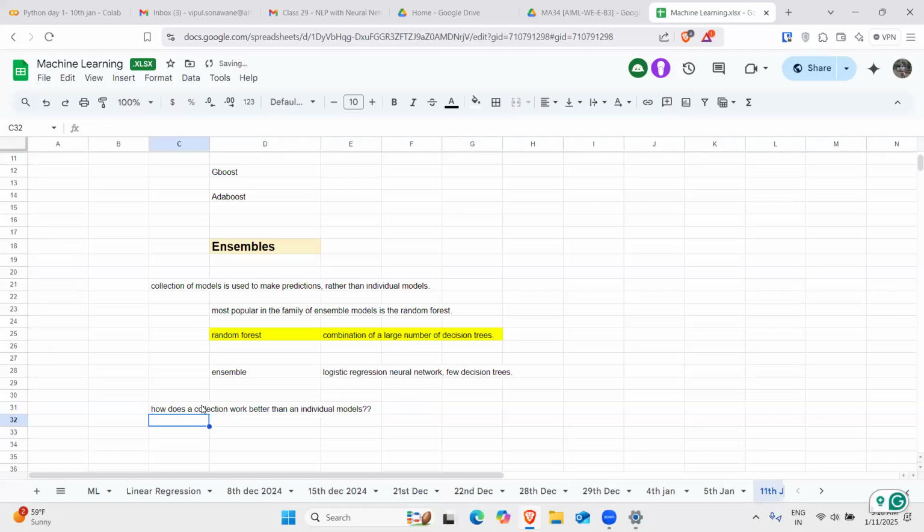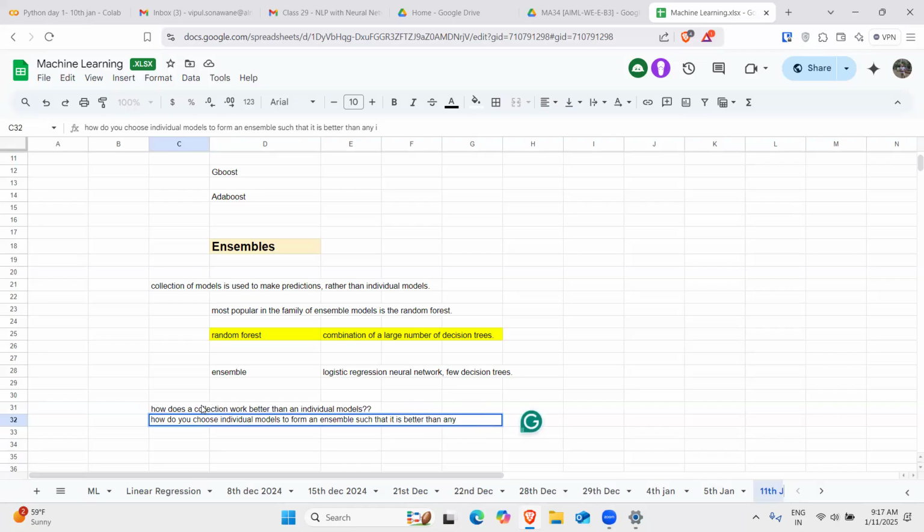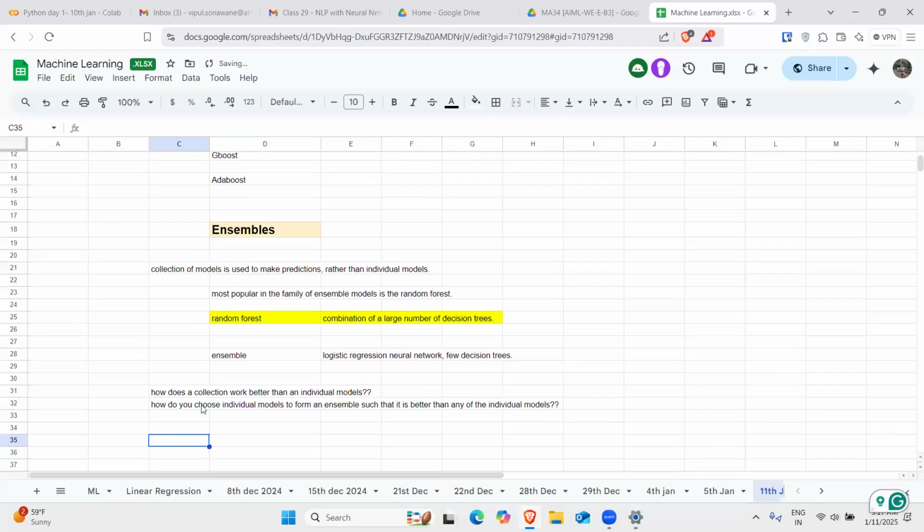Second could be, how do you choose individual models to form an ensemble such that it is better than any of the individual models? We'll see that.